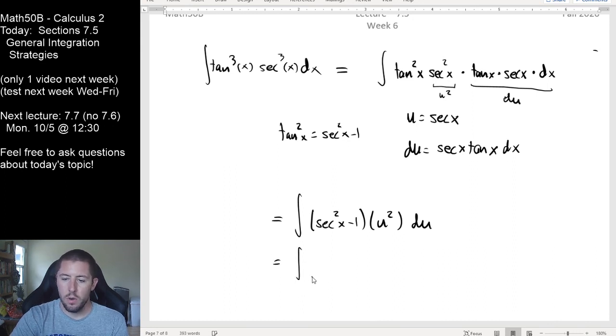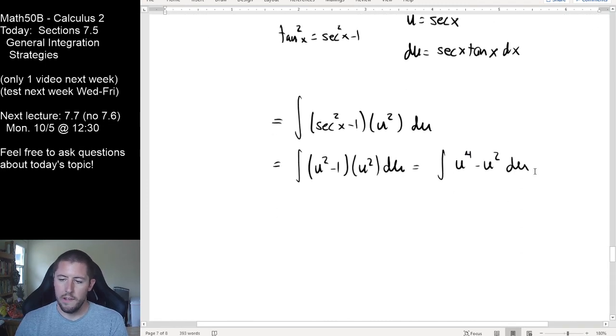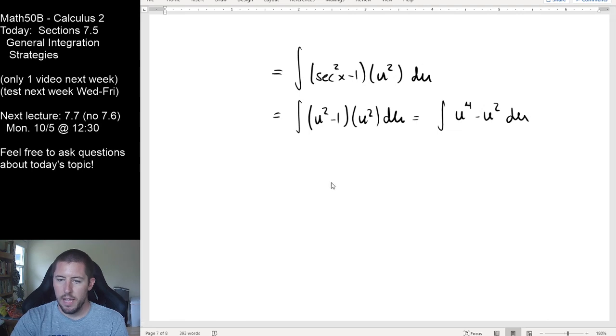It looks like this is going to be u squared minus 1 times u squared du. And this is even easier than the last one. Wrap this guy up here: 1/5 u to the 5th minus 1/3 u to the 3rd plus c.